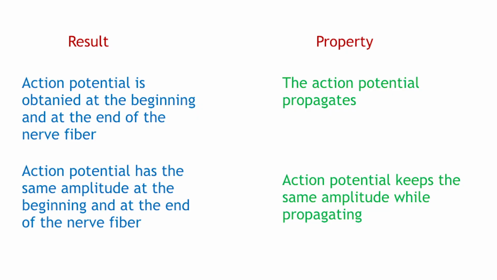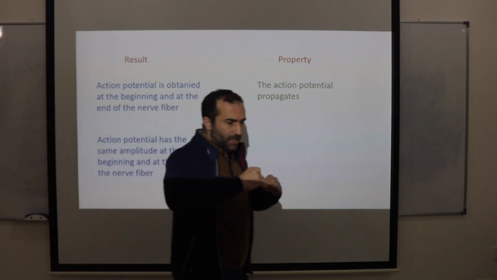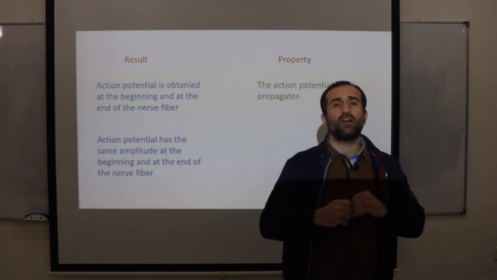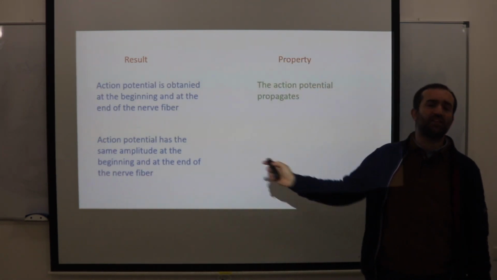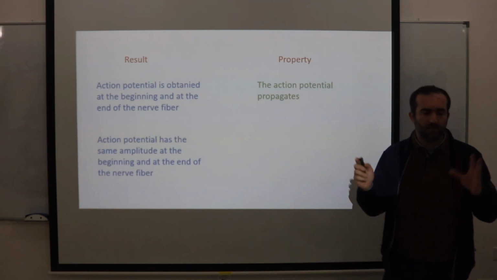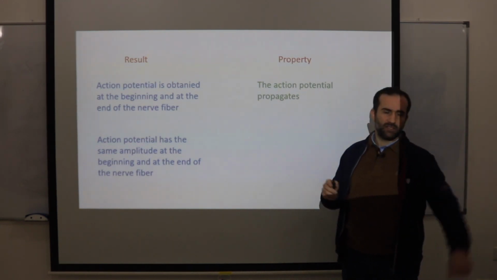Now, the second result: action potential has the same amplitude at the beginning and at the end of the fiber. Don't mix this idea with the first one, where the action potential has the same amplitude when we increase the intensity of the stimulation. Here, I didn't increase the intensity of the stimulation. The intensity of the stimulation is one stimulation, not many stimulations.